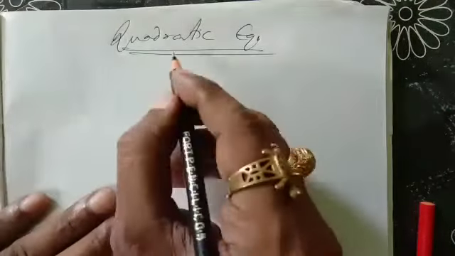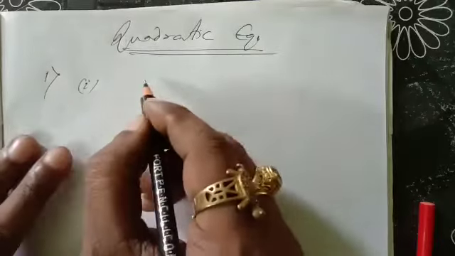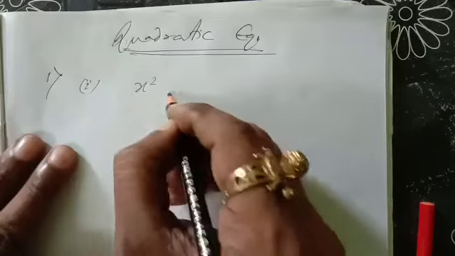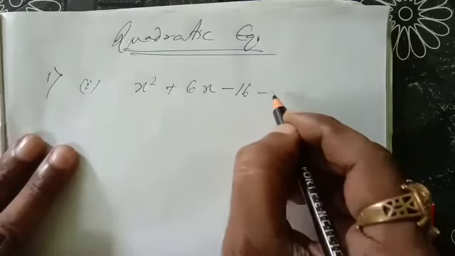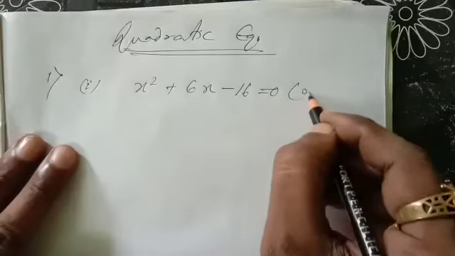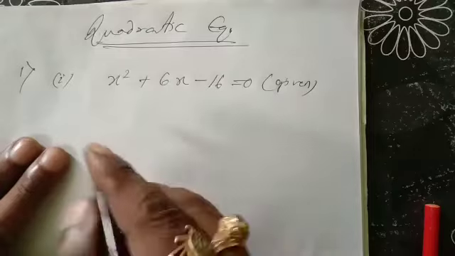Question number 1, first part: x square plus 6x minus 16 equal to 0. This is given and you have to solve the equation by factorization method.